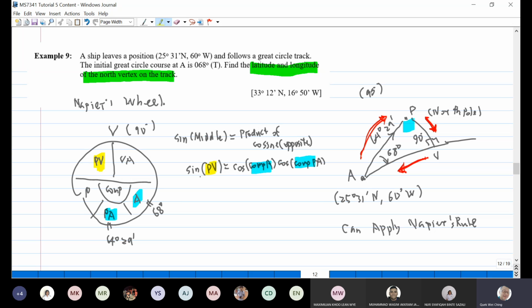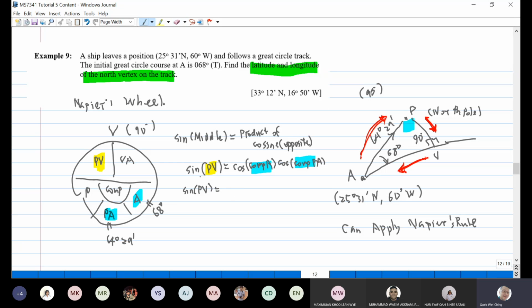The sine of the middle part is the product of cosine of opposite, so I can find sine of PV now. Let me use the black color again. Sine of PV, I want to find out. This is cosine of co-A times cosine of co-PA. Co-A means 90 degrees minus A, right?